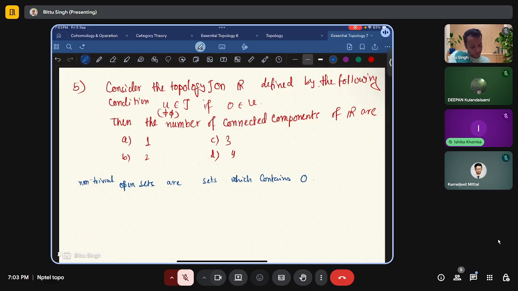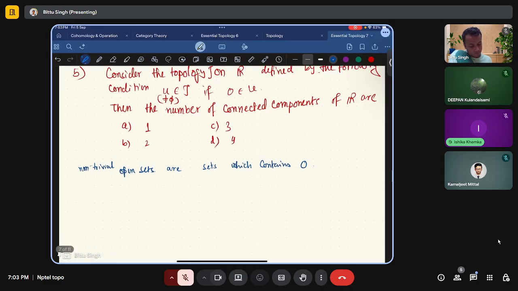Is it clear how this topology is defined? Tau is the collection of U such that U contains 0, and there is another possibility, empty.